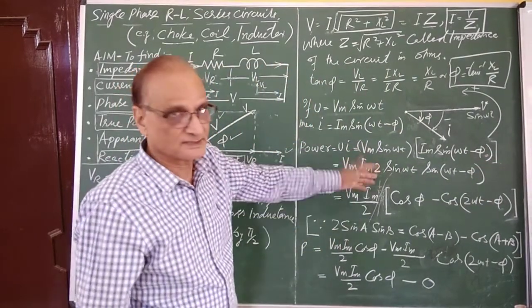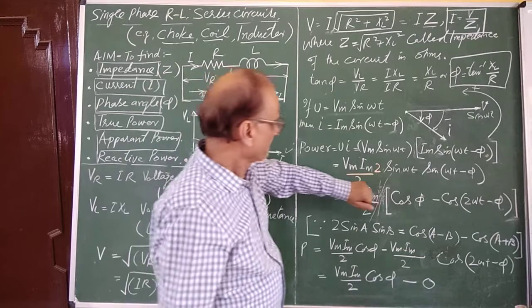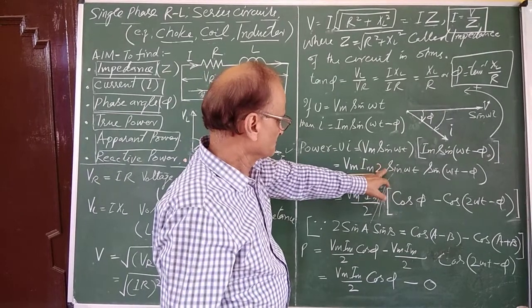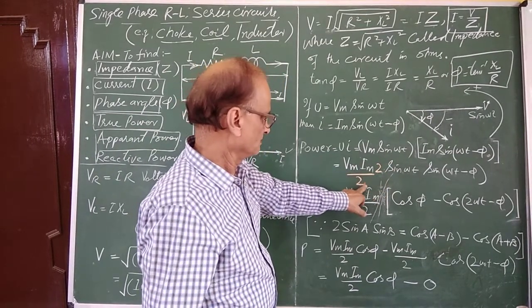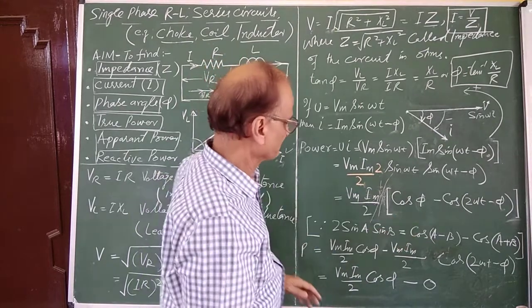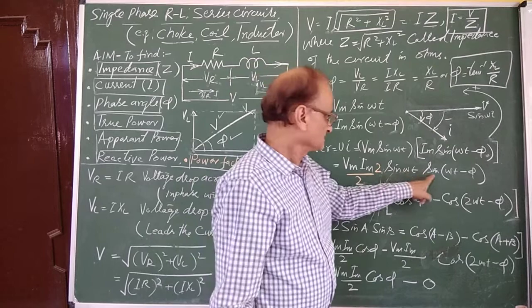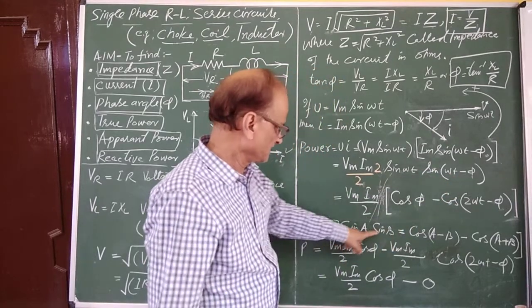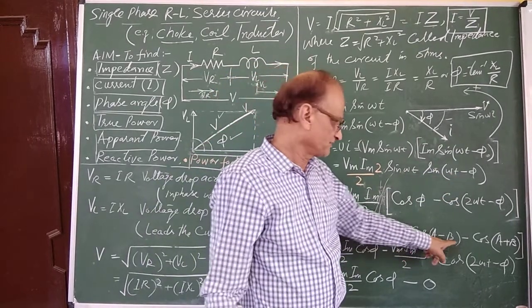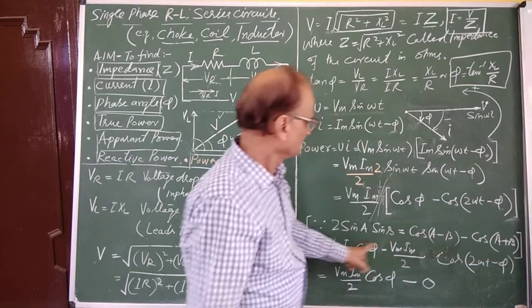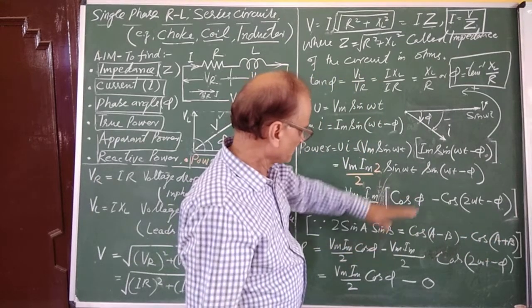Now you solve this relation. Multiply this equation by 2 and divide by 2 to simplify it. Now we know that 2 sin A sin B is cos of A minus B minus cos of A plus B. So apply this formula here.